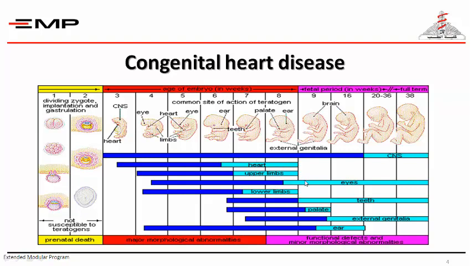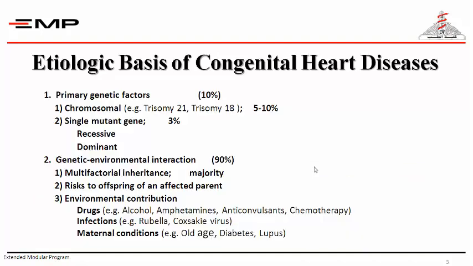So any insult to the mother during the pregnancy at this age will result in major morphological abnormalities in the heart. The etiological basis for congenital heart disease is either primary genetic factors that run in the families, or genetic-environmental interaction, which is the major etiology, in 90% of the cases.